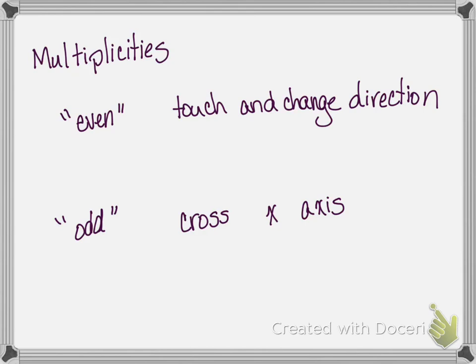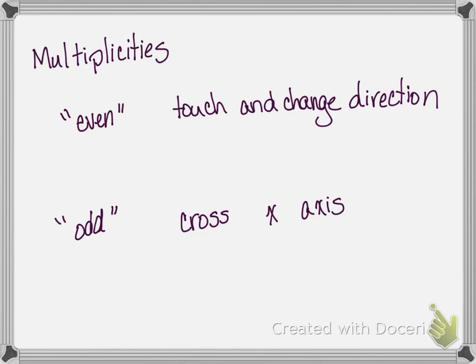That's when a solution and a factor show up multiple times. So if I have a solution that shows up 2 times, or 4 times, or 6 times, it is going to touch the x-axis and then change direction. It's not going to cross.